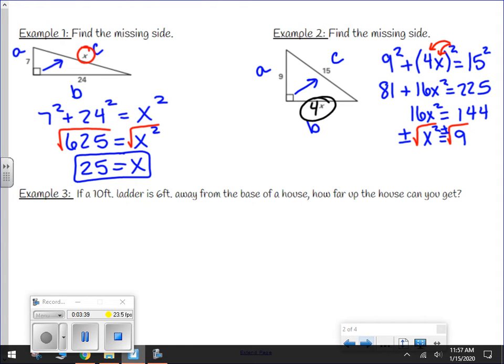So x equals plus or minus 3. I do need to check that both of those work, so I put it back in the 4x. And I'm checking to see if I get a positive answer out. So when I put positive 3 in, I'm good. But when I put negative 3 in, I get negative 12. So negative 3 is an extraneous solution, so we just need x equals 3.